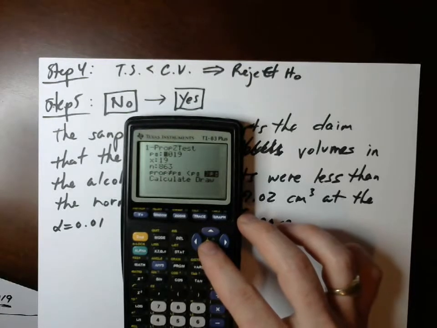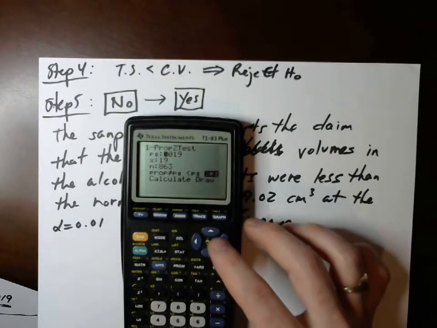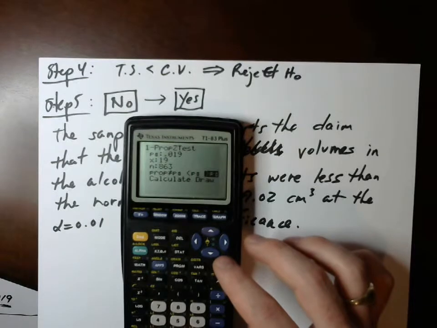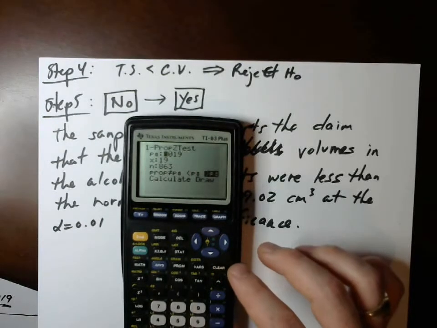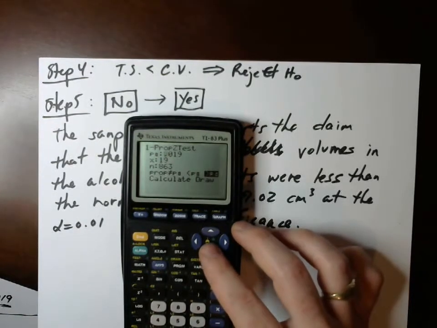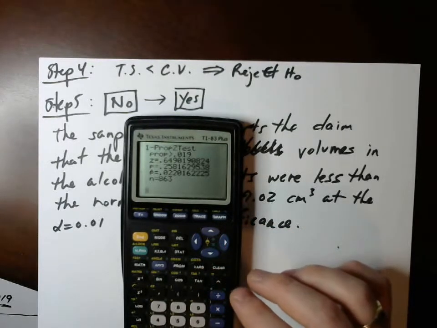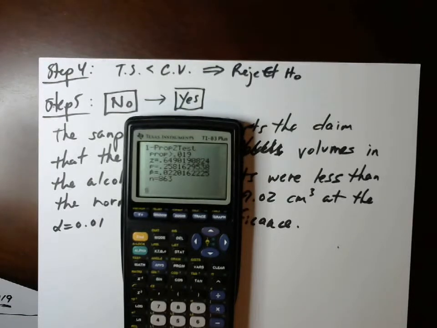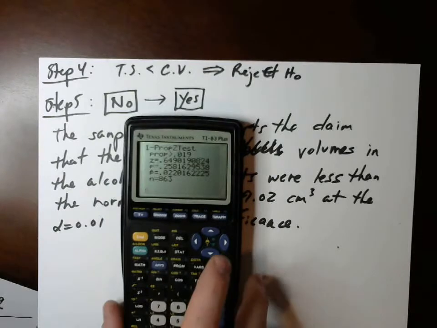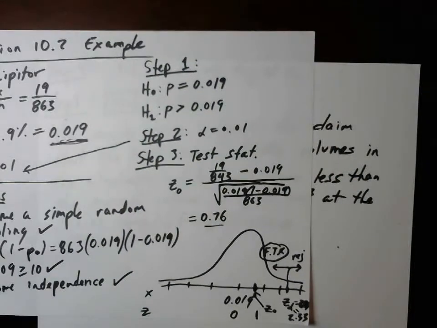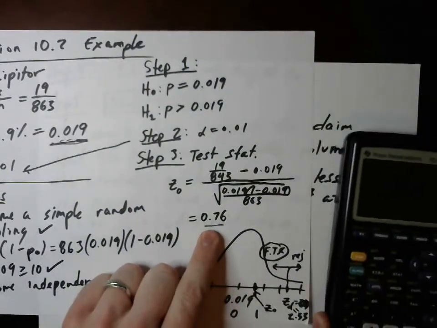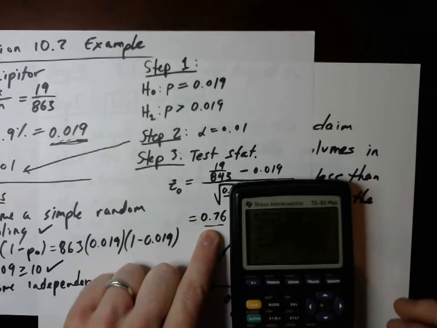It's a greater than. So according to this, we get the following test statistic, 0.649. And I got 0.76 in our calculation for our test statistic. And here we got 0.649.